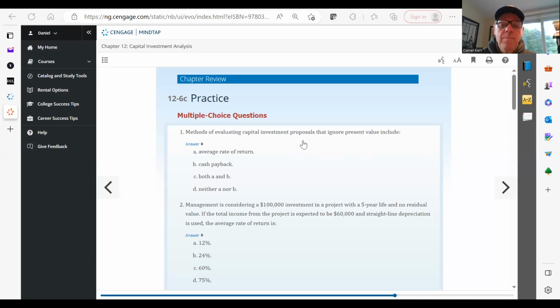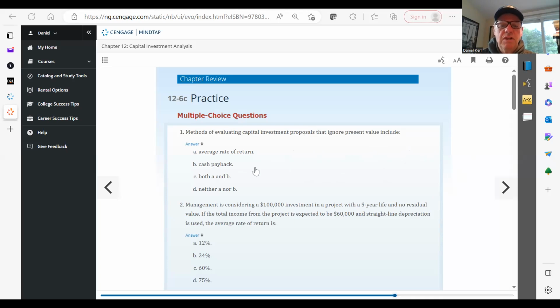Methods of evaluating capital proposals that ignore present value. So when you evaluate investment proposals, you've got the payback period, you have the average rate of return, you've got the net present value, and you've got the internal rate of return. The ones that ignore present value, average rate of return and payback method do not consider the present value.